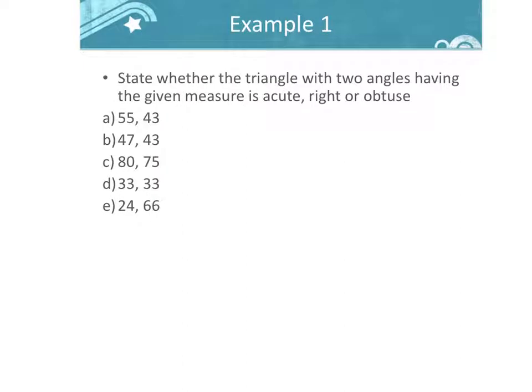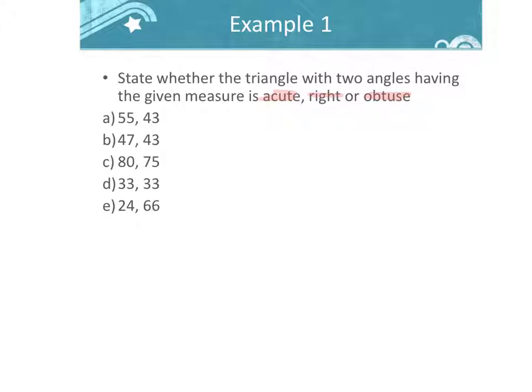I'm given two angle measures, and I want to be able to classify these as either acute, right, or obtuse. So what do you think we need to do in order to classify those? What's the first thing we should do?